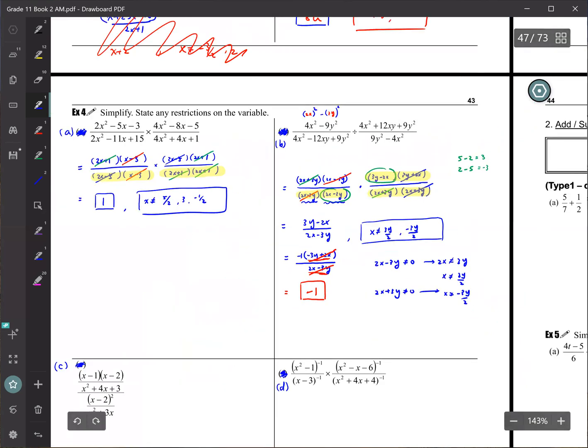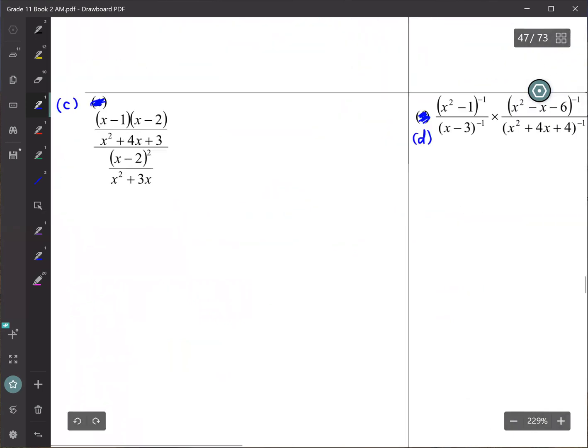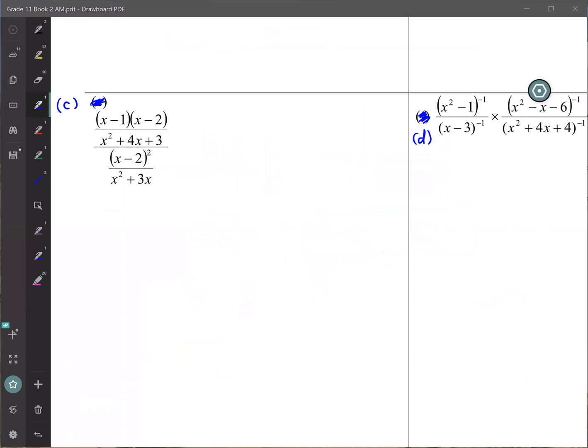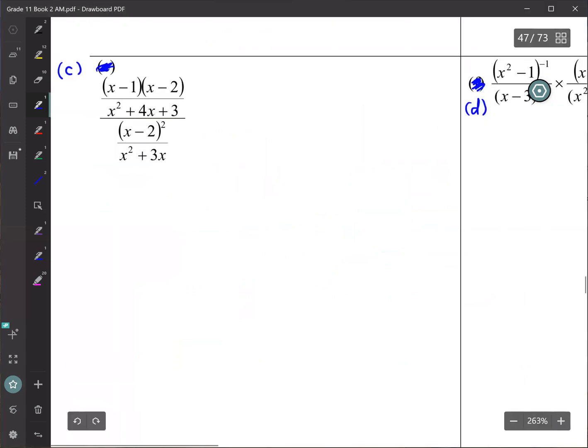Okay, last 2 questions here. The one that looks a little bit confusing, right? Any suggestion how to do this one? What is it talking about here? Why is it so tall? Colin, what do you think? How do we do this? You factor them. Okay, factor everything out.